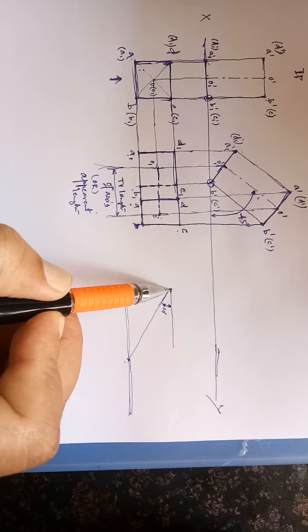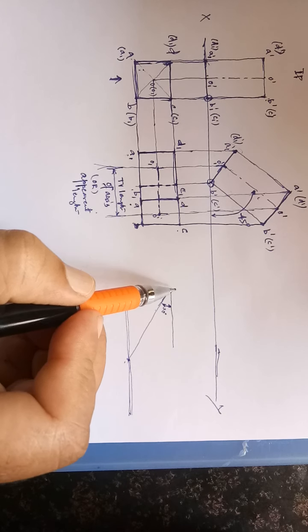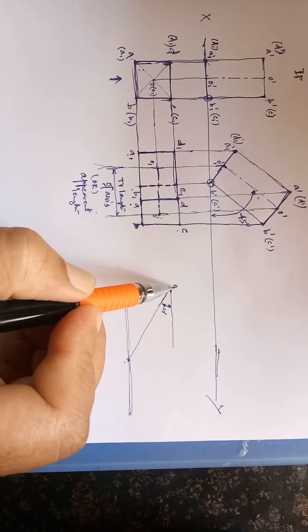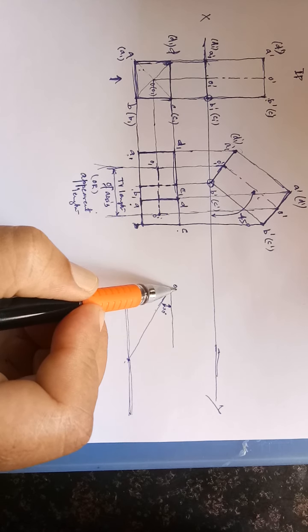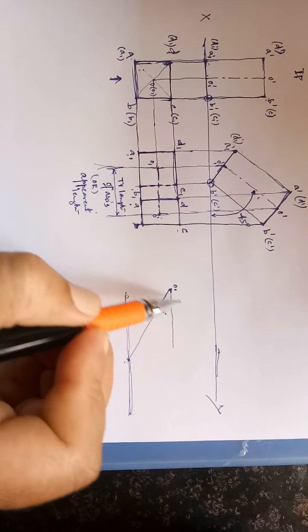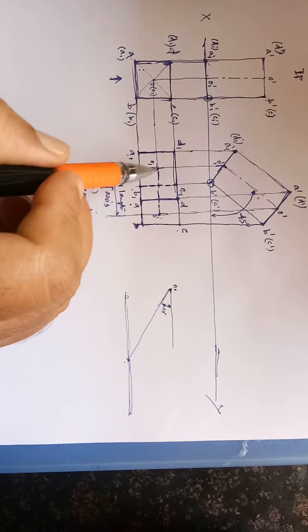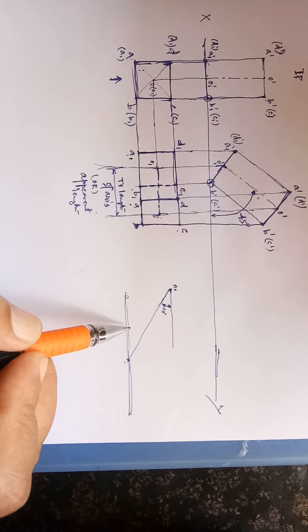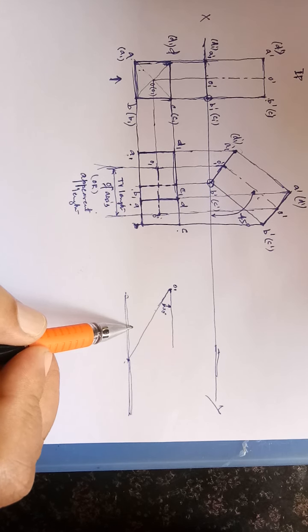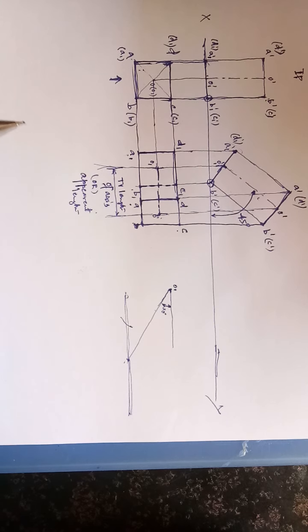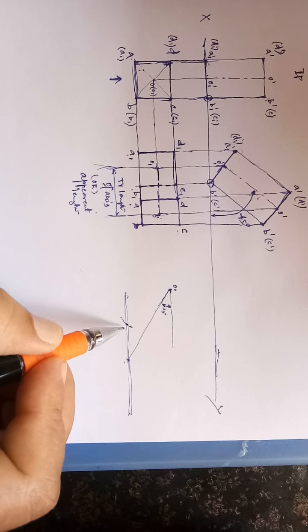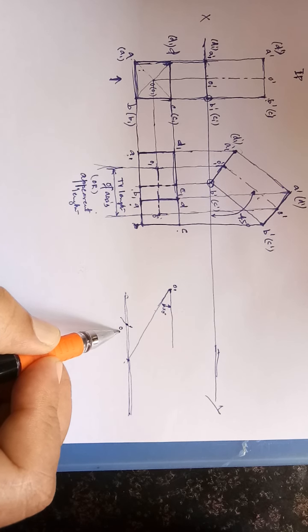We'll call this center O1. So with O1 as center and O1 O from the previous top view as radius, draw an arc to cut the locus. It cuts somewhere here. The point at which it cuts the locus will be O.